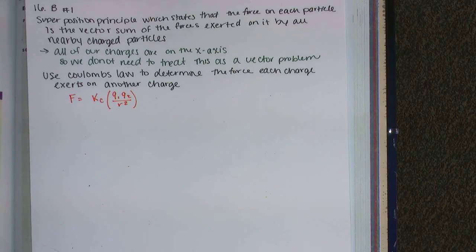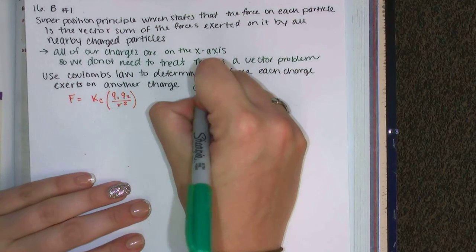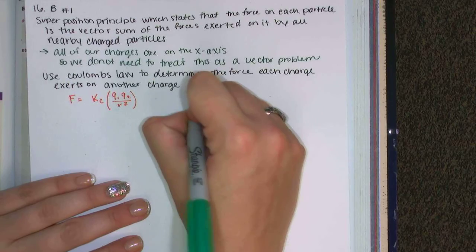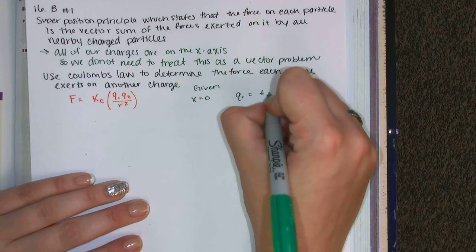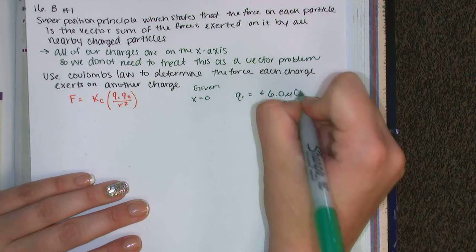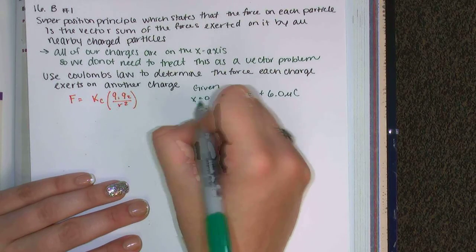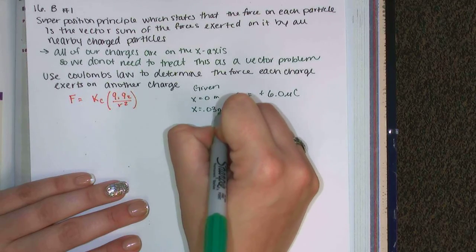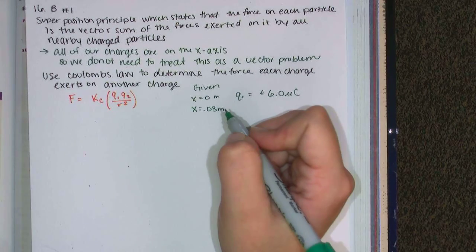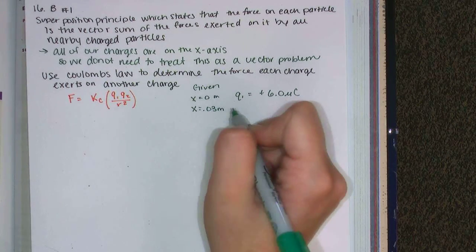But our given is that when x is equal to 0, Q1 is equal to 6.0 microcoulombs. X is equal to 0.03 meters, and I went ahead and just changed them into meters.